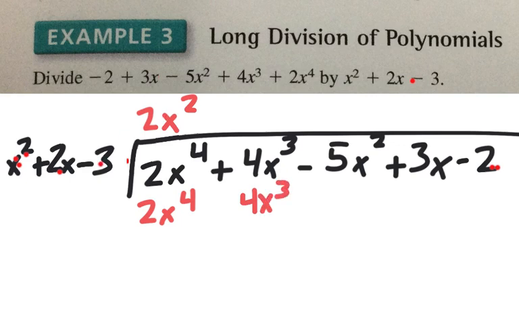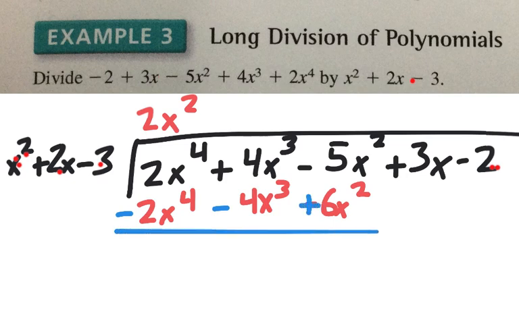And then 2x squared times negative 3, that's going to give negative 6x squared. And then we subtract this bottom row from the top row, so I'm changing the signs of all of my terms. And I'm going to combine them. Cancels, cancels, and I'm left with x squared.